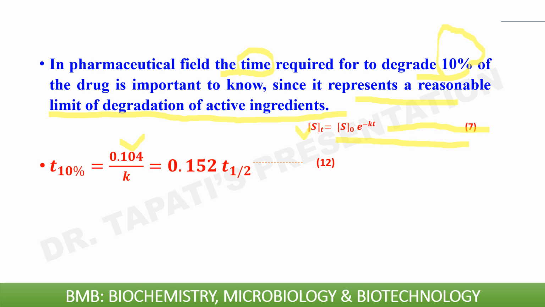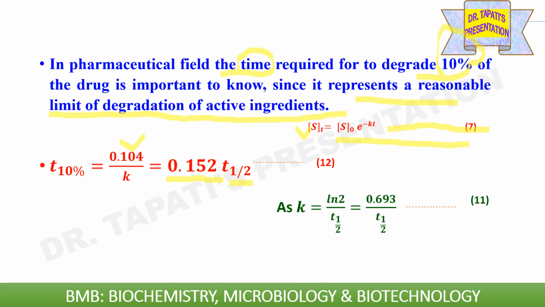And we can get T 10% as 0.152 into T half value by putting K value as 0.693 divided by T half. So we can get T 10% as 0.152 into T half.